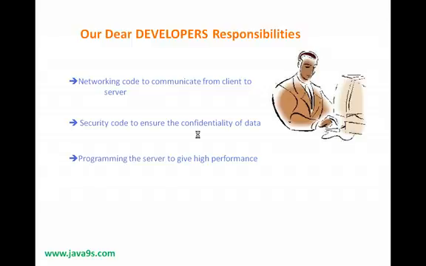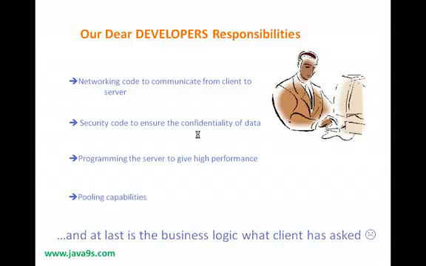And also, effective pooling capability should be there for the objects. And at last, it is the business logic that needs to be written to run applications like billing and inventory management. So the network based code, clustering, object pooling and security code are called the infrastructure code. This kind of code is needed for any application that should run in a client and server environment.